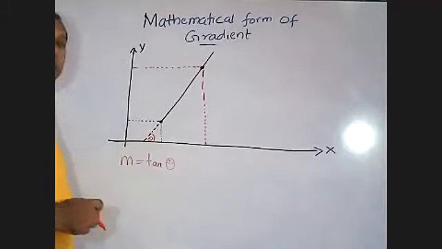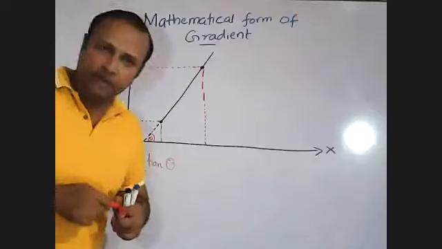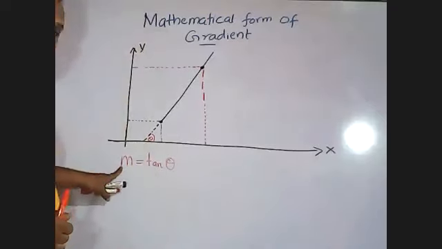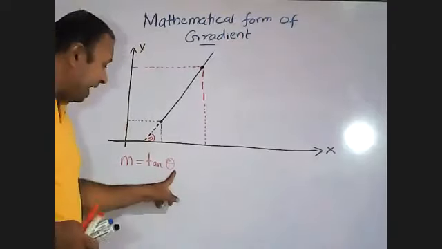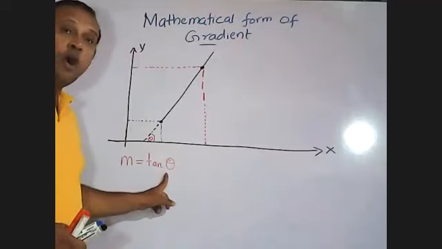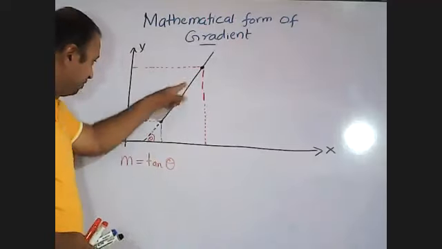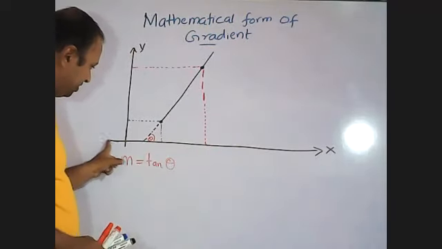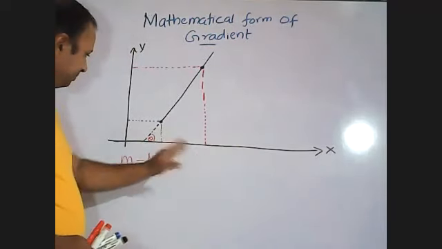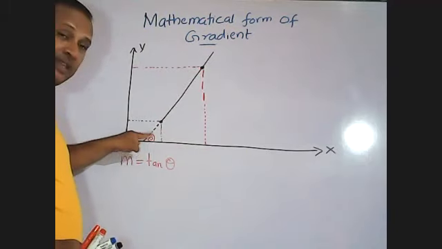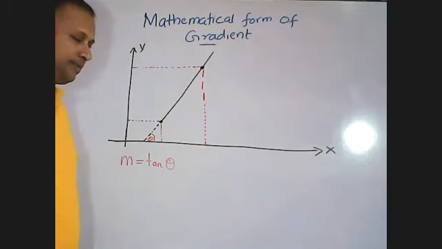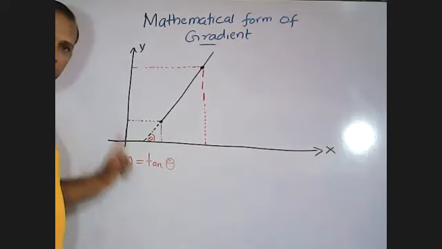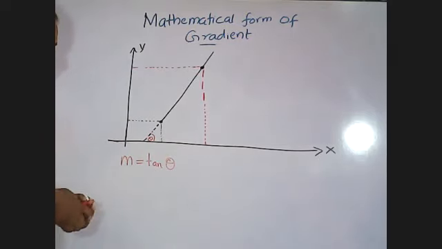According to our definition, the gradient is equal to the tan value of the angle between the tangent and the positive x direction. This is the positive x direction. So m is equal to the tan value of that angle.